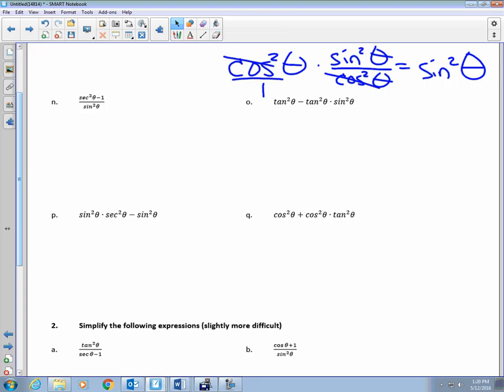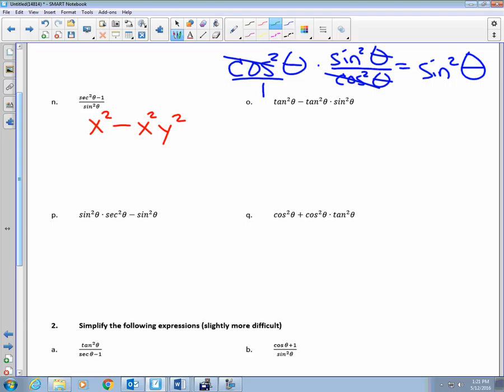So you see that we have these squareds, and I'm going to use them to my advantage. But I'm going to show you a little bit different trick. This is kind of the last trick I'm going to show you for the day. I'm going to change the problem a little bit to see if you understand it this way. I have two terms. What do the terms share in common?